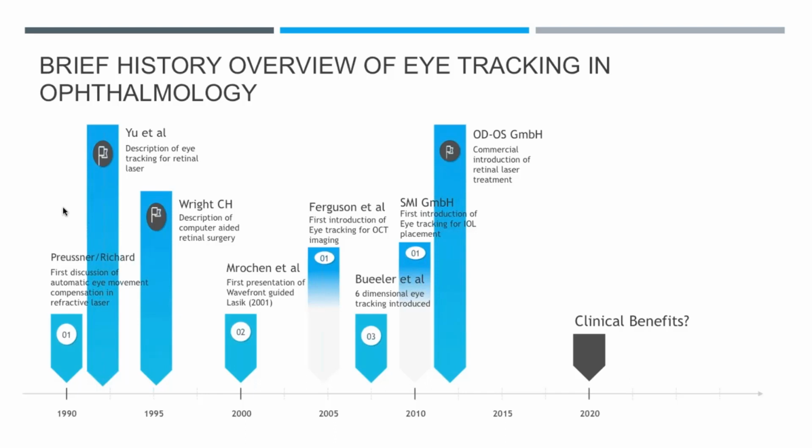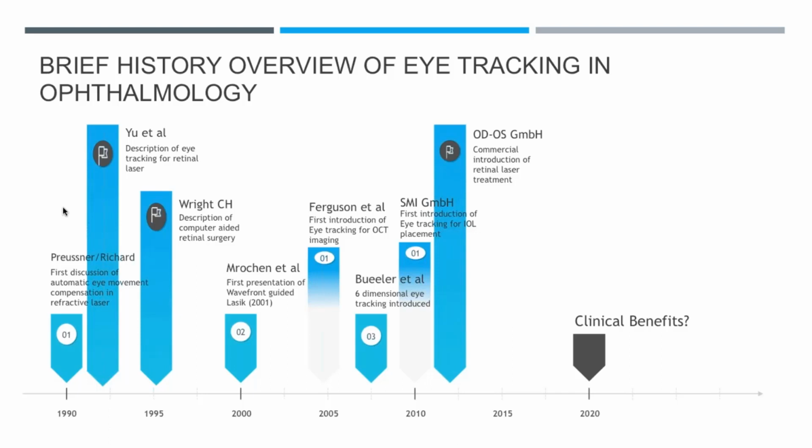And then, of course, the advances with the SMI and introducing eye tracking into direct implant surgery. The latest application is in retinal surgery and retinal photocoagulation with ODOS, where all this fantastic technology has been applied to assist in more accurate laser photocoagulation.